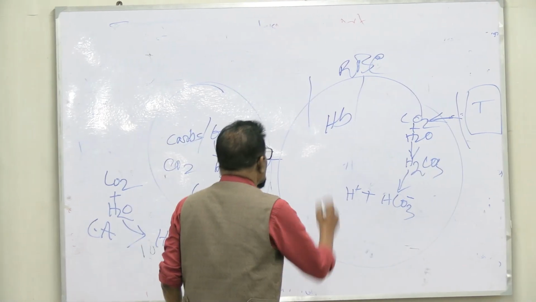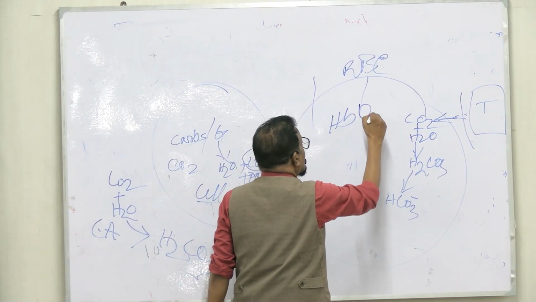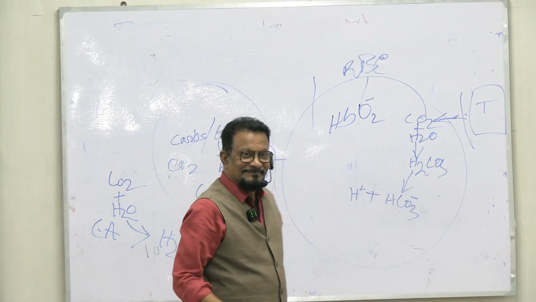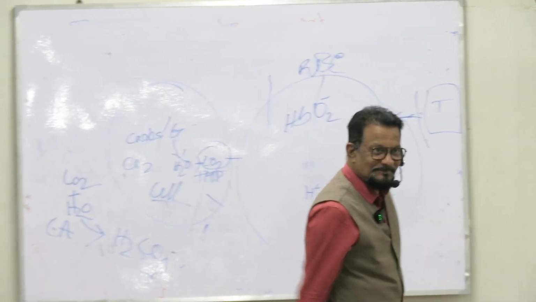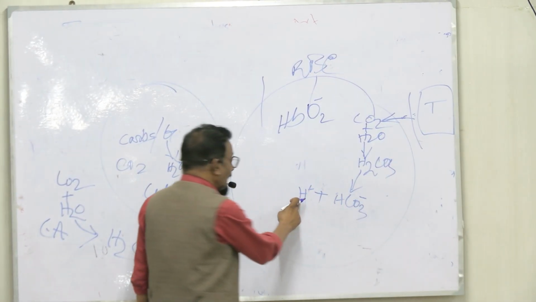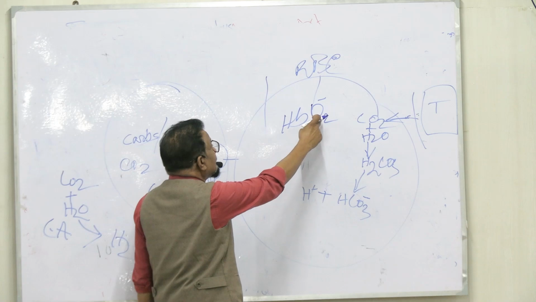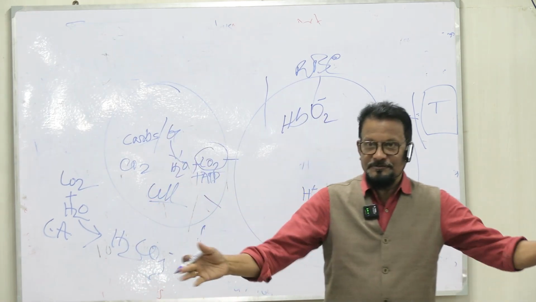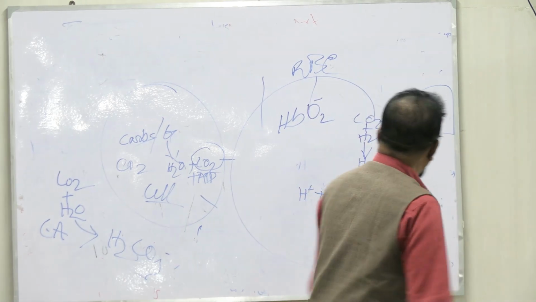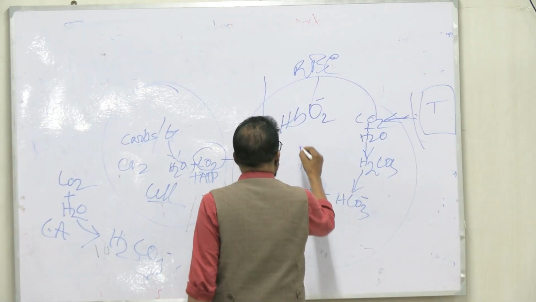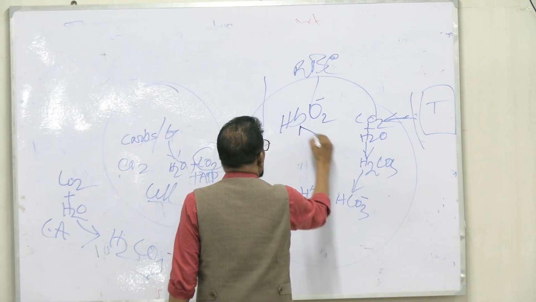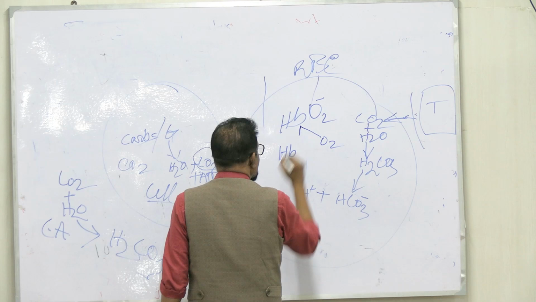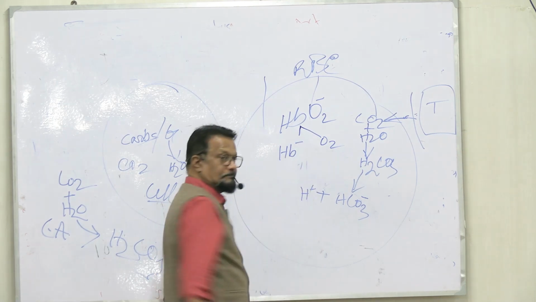Okay, let's see. Hemoglobin has come here to deliver its oxygen to the cell. When there is accumulation of hydrogen ion, this compound breaks into oxygen and Hb negative.